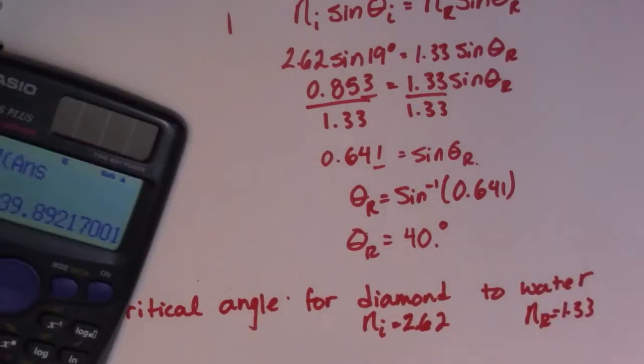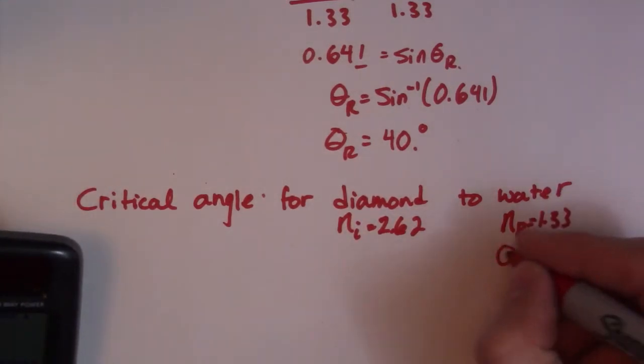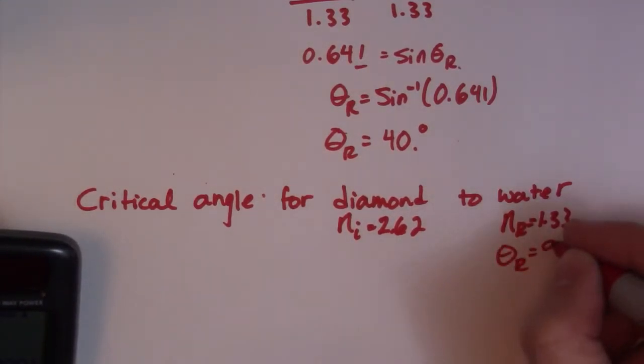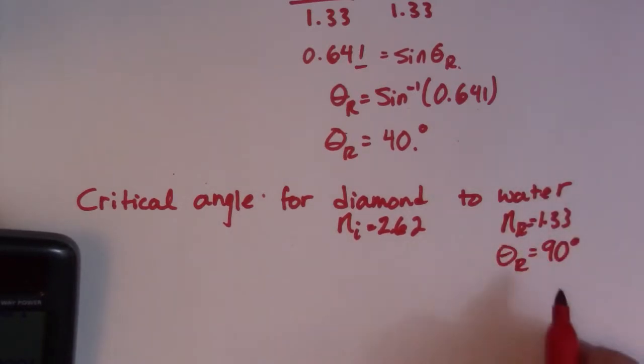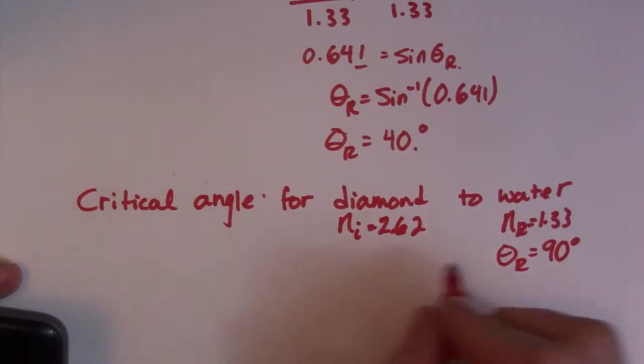We don't know what the angle of incidence is this time, but we know what the angle of refraction is, sorry, it's 90 degrees. Anytime you have a critical angle, you know your theta R. So now let's go ahead and find my critical angle.